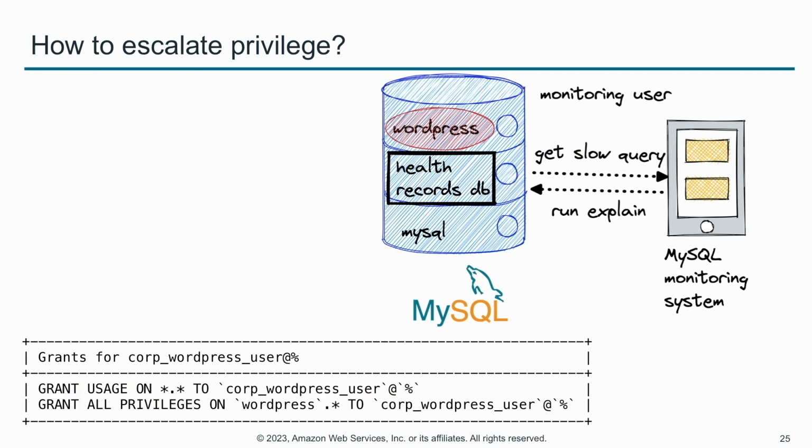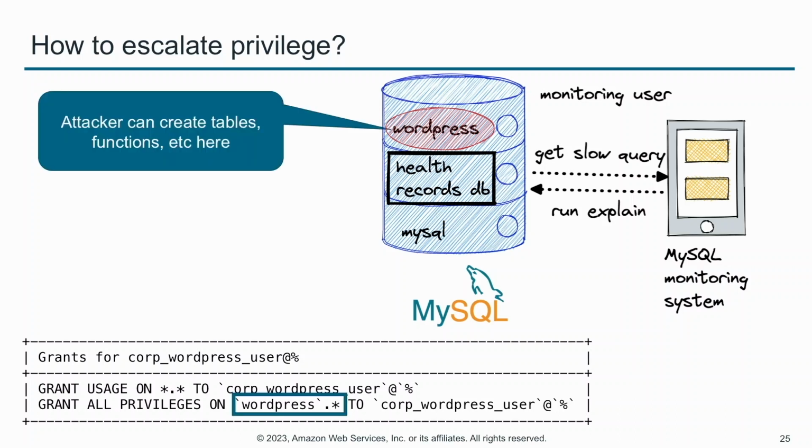Right, so how will we escalate the privileges? We will craft a specifically slow query, which will then be explained by our monitoring system or DBA. And then this query will be executed as the monitoring user. As an attacker, in this case, we can create any tables, functions, stored procedures in the WordPress database.